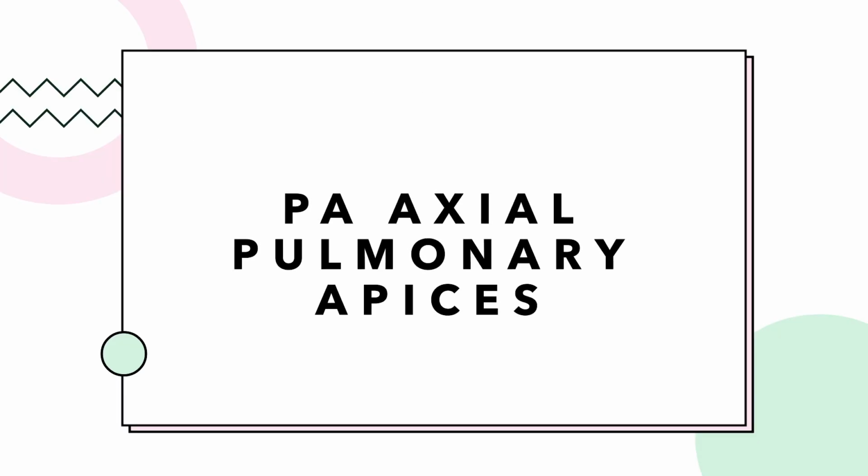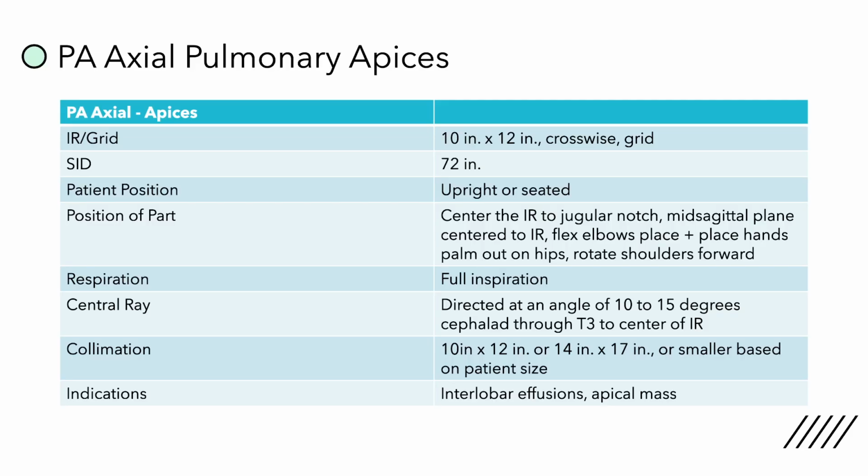We can also do this P to A. So it'll look pretty similar. Again, you could do 14 by 17. You don't have to do 10 by 12. Again, it's 72, and then we want it to be upright if possible. We'll center the IR to the jugular notch at the mid-sagittal plane centered to the IR. Patient will flex their elbows and place the hands palm out on the hips.